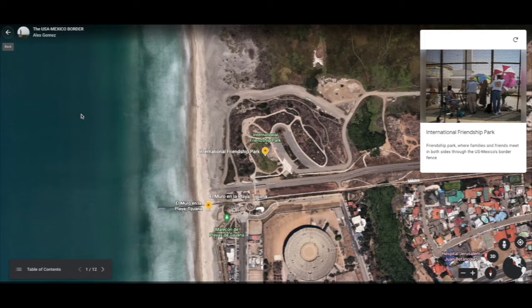So I wanted to start here with Tijuana and San Diego because Tijuana and San Diego reflects a little bit of all the problems that happen along this 2,000-mile border region.